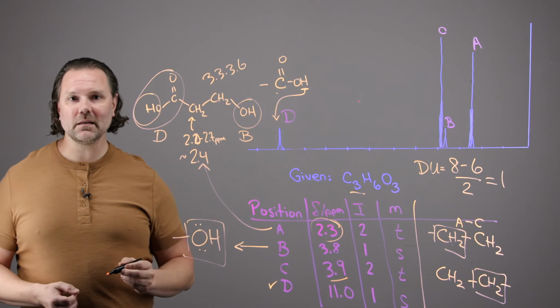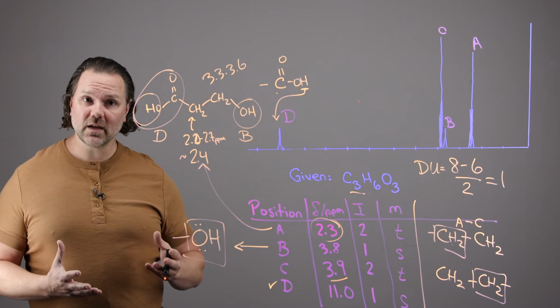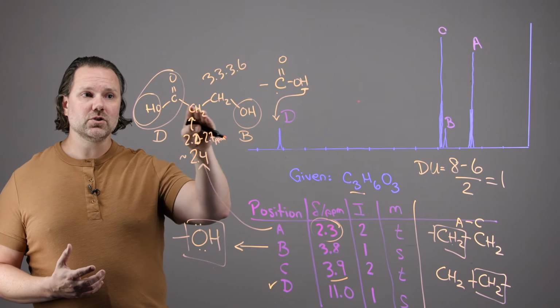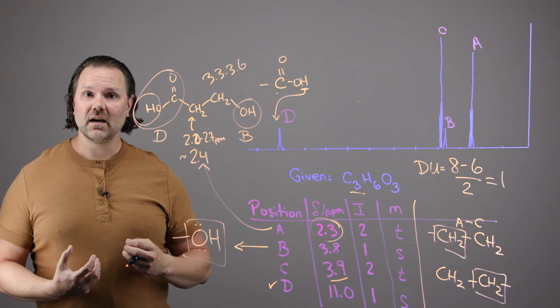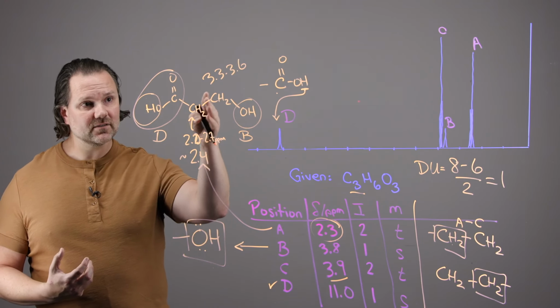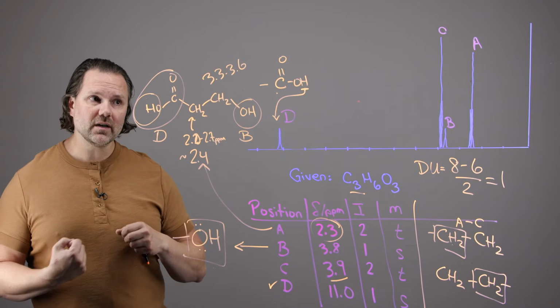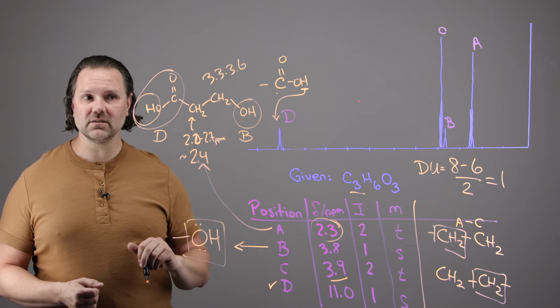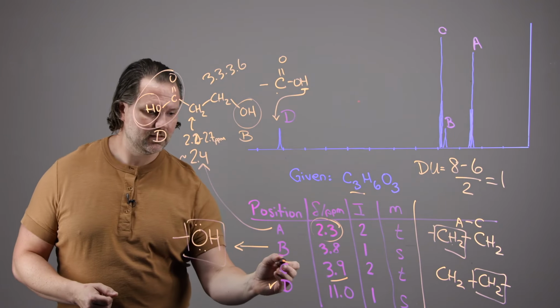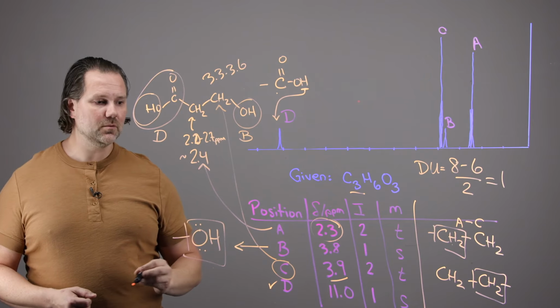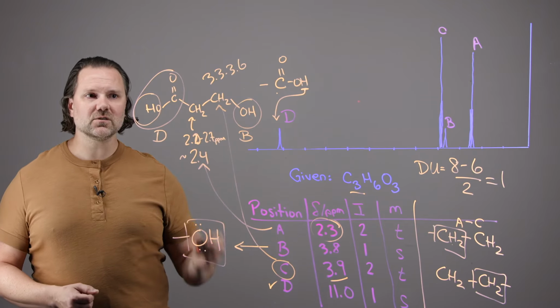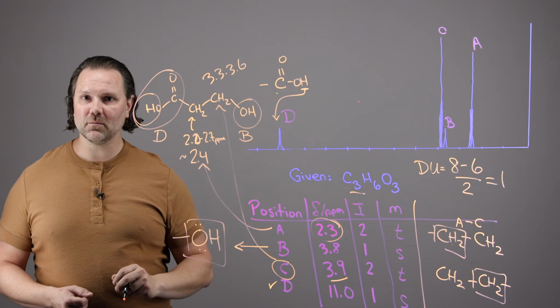It's showing up a little bit higher. That's okay though. That could be due to additional electron withdrawing effects of that carboxylic acid, that we have some inductive effect withdrawing electron density, further deshielding signal C in our spectrum. And we've been able to determine what each of our signals corresponds to within our molecule.